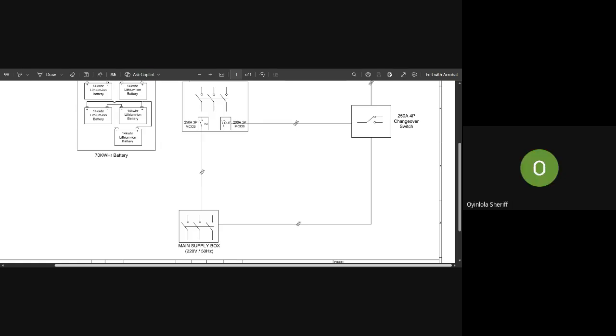Yes, sir. Okay, I don't need this one, but I just decided to break everything down for you. Sometimes you might have your earthing system to take care of.